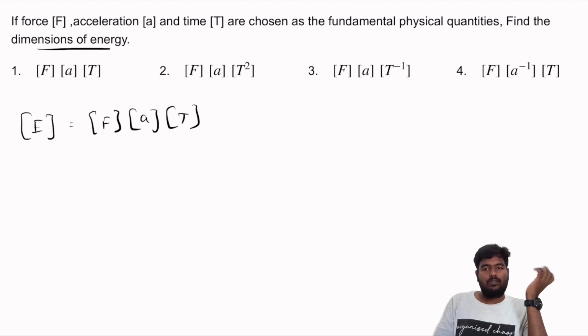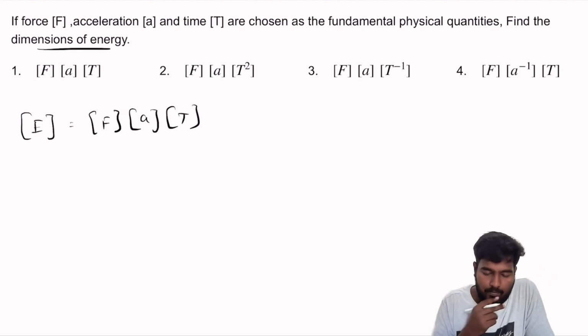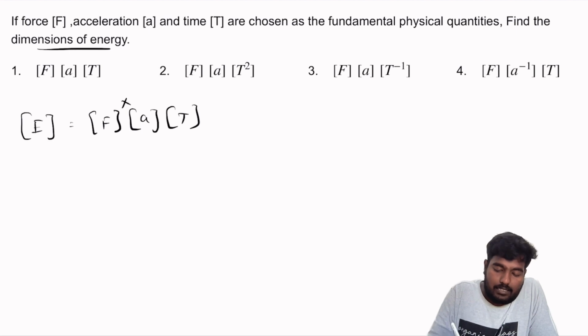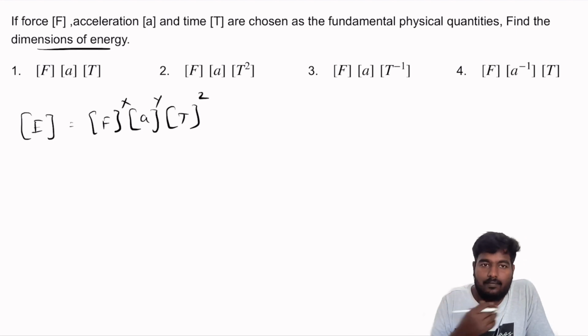So you have to do the mathematical approach. In the mathematical approach, you can do two types. The first is pure mathematics. You do not need to think anything, you just have to work out the mathematics. For example, in this case, some power of force, some power of acceleration and some power of time has to have the dimension of energy.